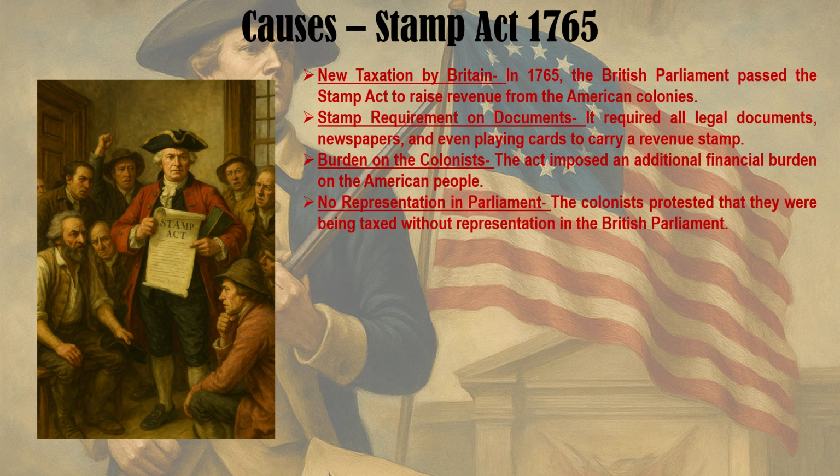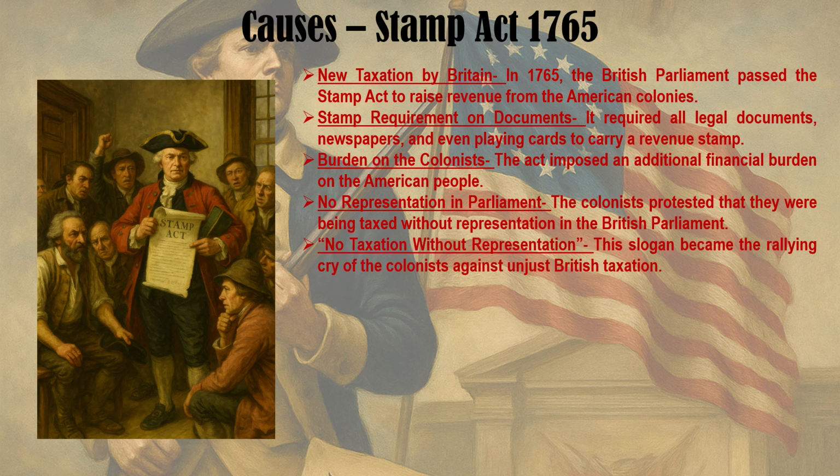The colonists protested that they were being taxed without representation in the British Parliament. Now no one from the colony is there in the British Parliament, so a rule is being made for the people of America, and among the people who are making the rule, no one is American. Understood? So Americans have no say in this. The rule is being imposed from outside.